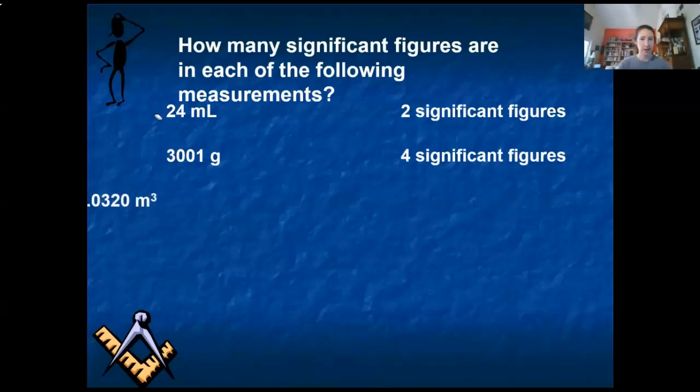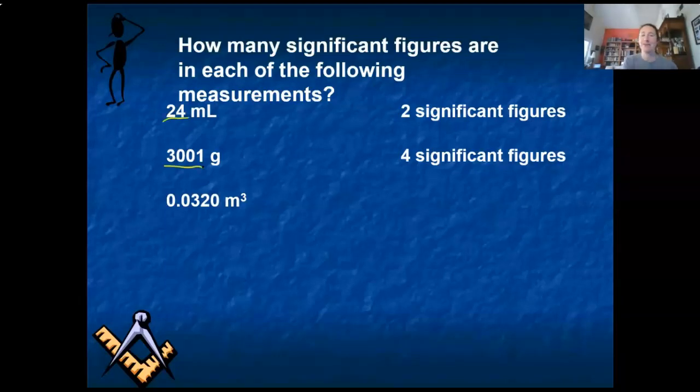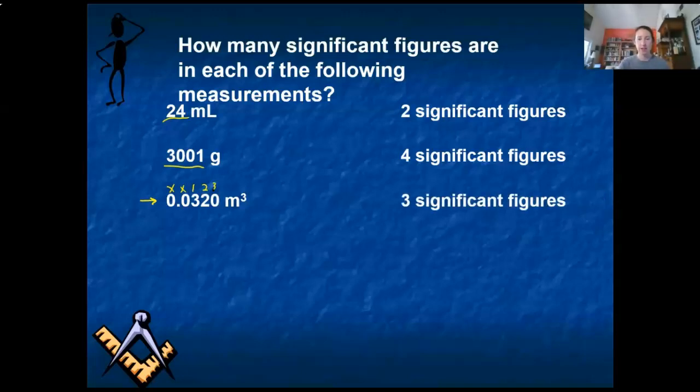Okay, next one. How many significant figures in this? Seeing a lot of correct answers, right? The decimal place is present. These 2 are pretty easy because they don't have any zeros in them really, right? Or on the edges. So this one again doesn't count. 1, 2, 3 significant figures.